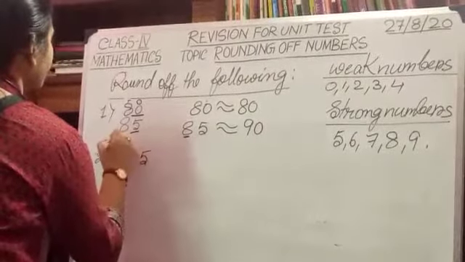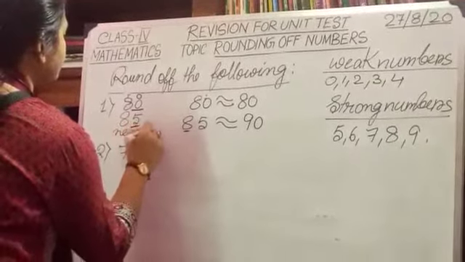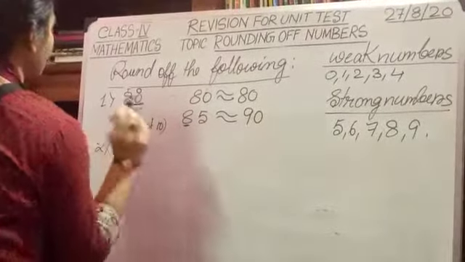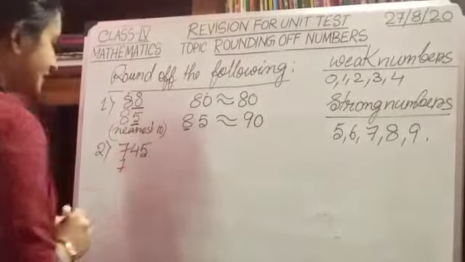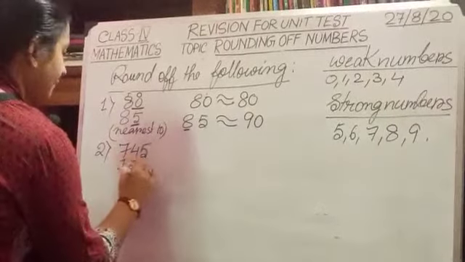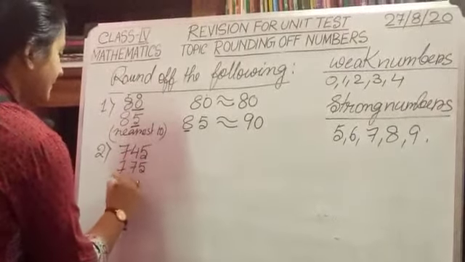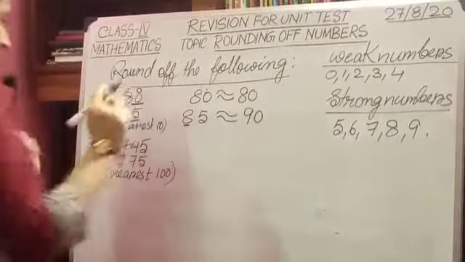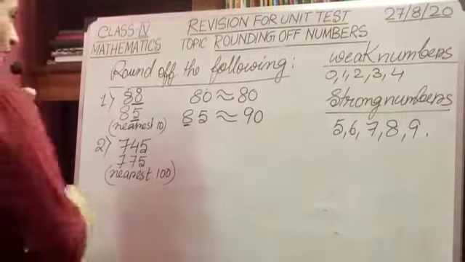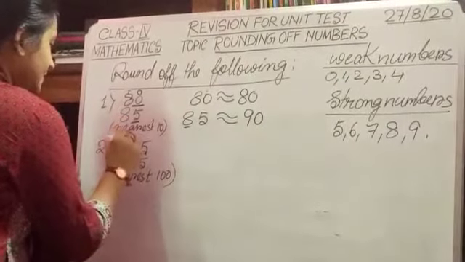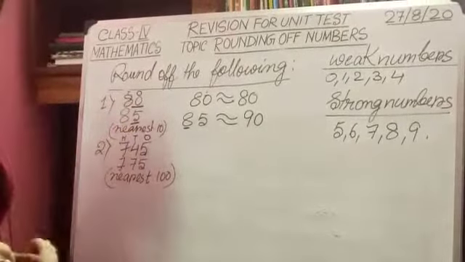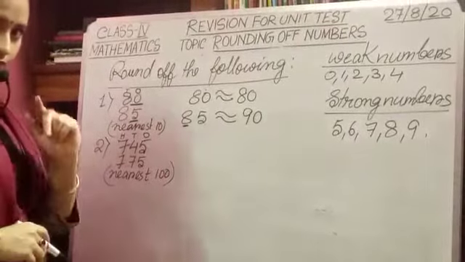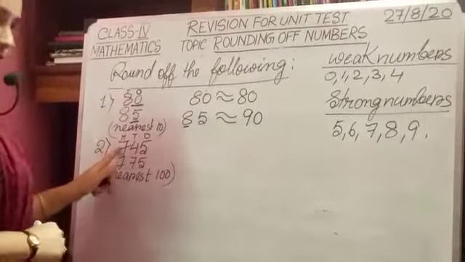Now, number 2. 745 and 775. You have to estimate them to their nearest 100. Right? Okay. Hundreds, tens and ones. Now this time you have to round off them to their hundreds place.